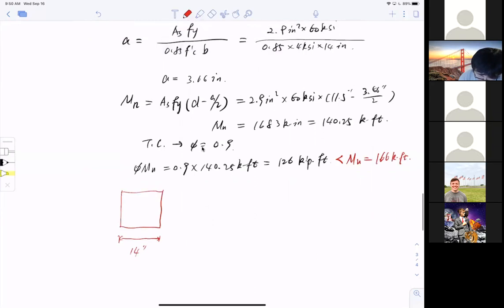As required for tension control is about 3 inch squared, so I stack 3 number 9 bars to satisfy it. If this does not satisfy the required moment capacity, I have to keep piling up more.